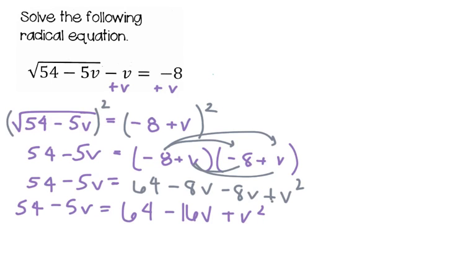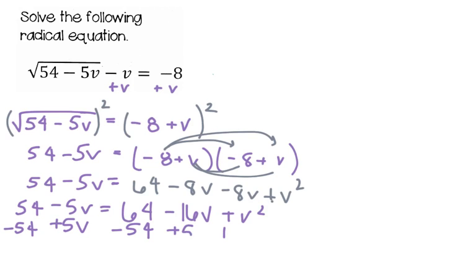And this is where we should think, oh, cool, I have a quadratic. I have a squared term right here. So whenever I have a quadratic, I need to get it equal to 0. I need to get everything on the same side and get it equal to 0. So that's what we're going to do first. I'm going to move it to the right-hand side, because I like having a positive leading coefficient.